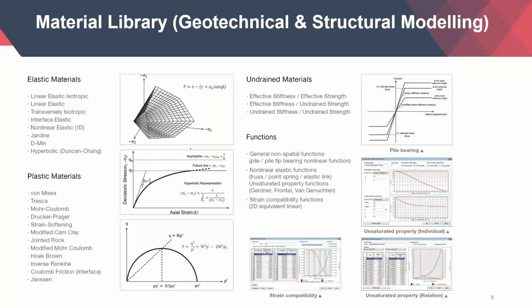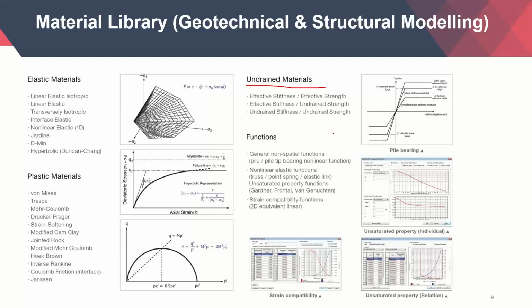You can also incorporate undrained materials in the model if you want to accurately represent the undrained shear strength of soil. For functions, we have non-spatial functions. We have functions for pile and pile tip bearing functions. Then you can also incorporate elastic functions for truss, point spring, or elastic links.